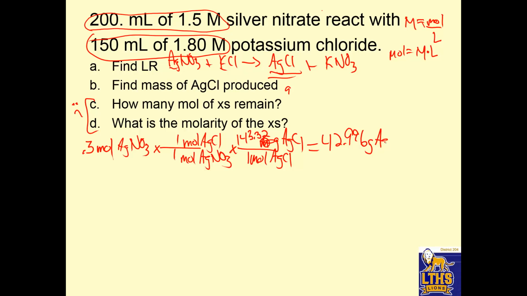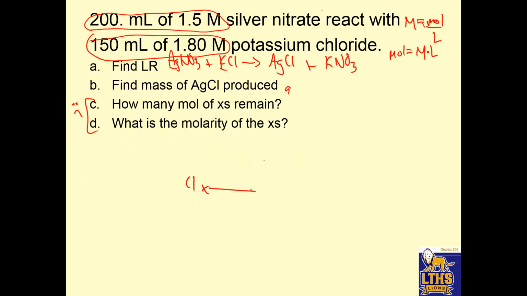That is 42.996 grams of AgCl. And the other one was 0.27 moles of KCl, with 1 mole KCl to 1 mole of AgCl, converting that into 143.32 grams as well. Let's see if I can get this to come back.